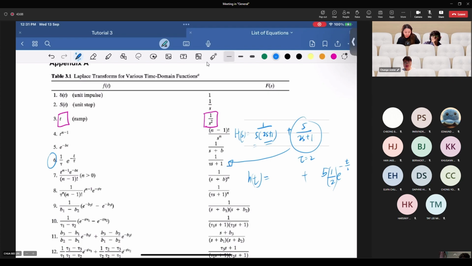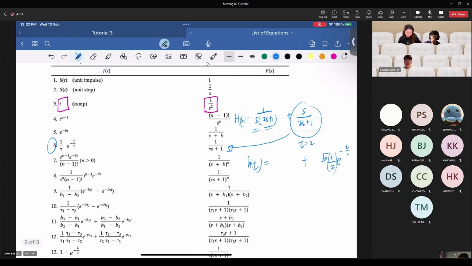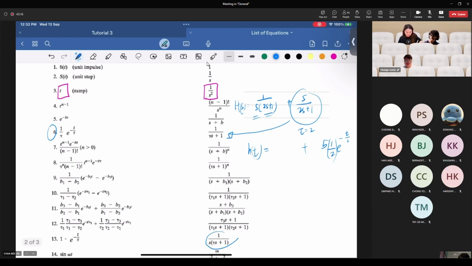Okay, then the other term is 1 over the s multiplied with 1 over 2s plus 1. So you have the s outside. So this term 13. So you will get 1 minus e negative t over the 2, where your tau is also 2.